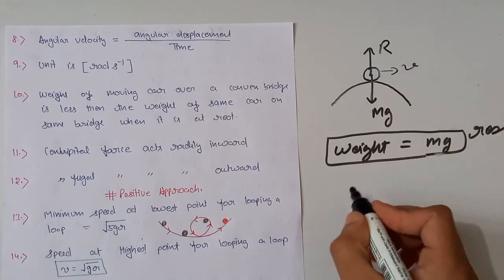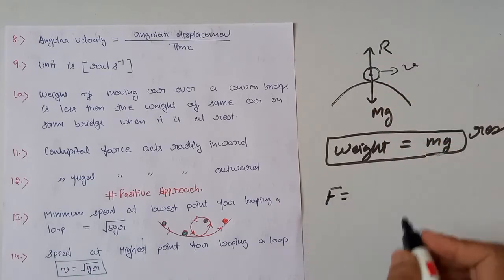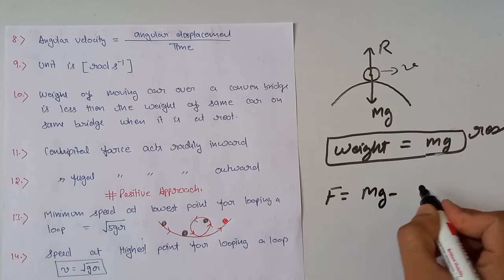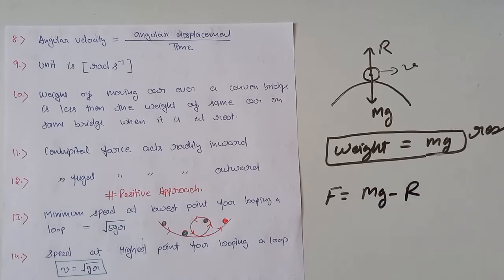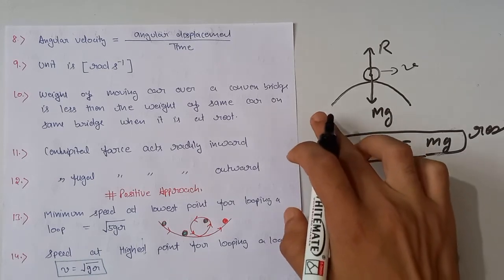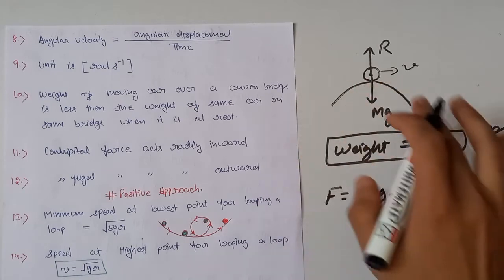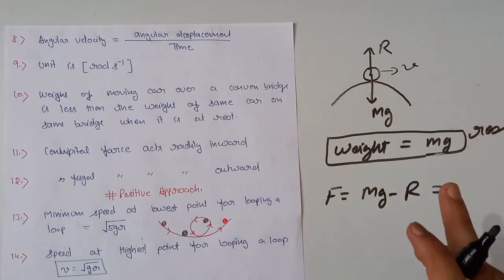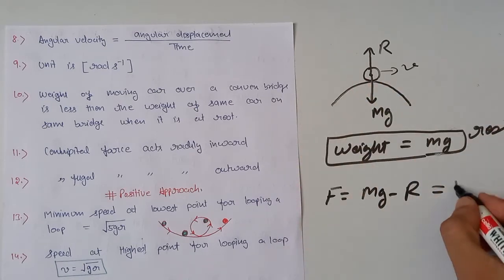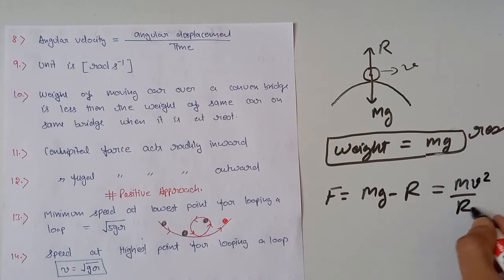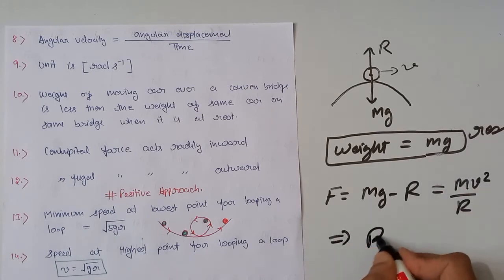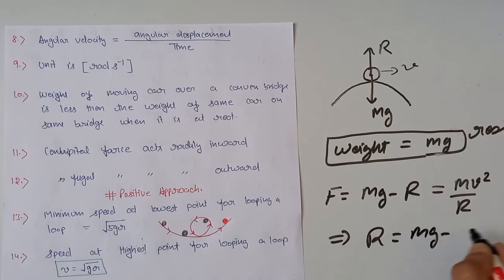then the force applied on this car is mg minus R, which is equal to, now this is part of a circular path, so the required centripetal force, mv square by r. This implies R is equal to mg minus mv square divided by r.